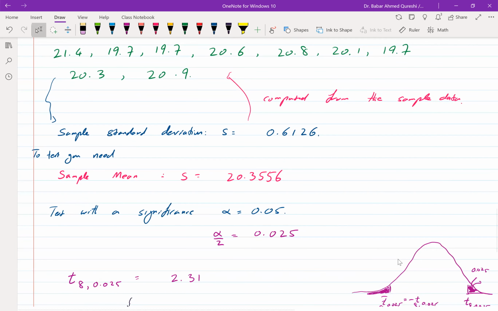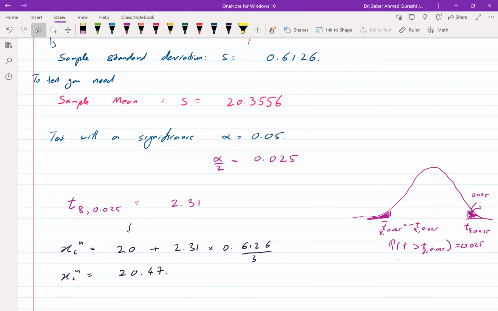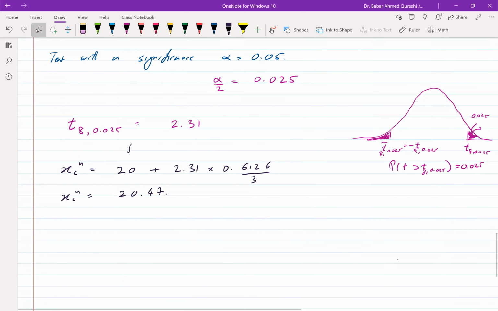And this I am testing against my sample mean, which is 20.3556. And since the sample mean is bigger than the tested mean of 20, I don't really need to compute the lower critical value. The role of having a lower critical value was only that significance was divided into 2.